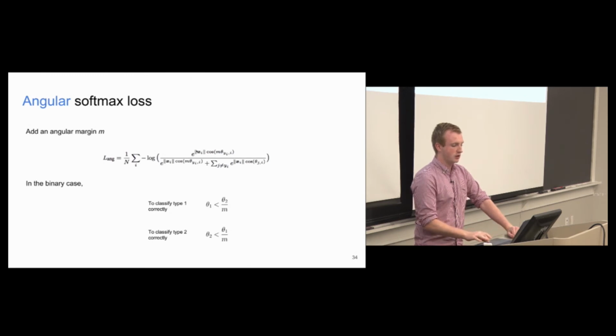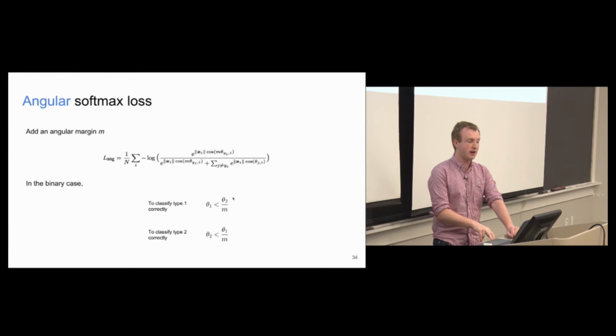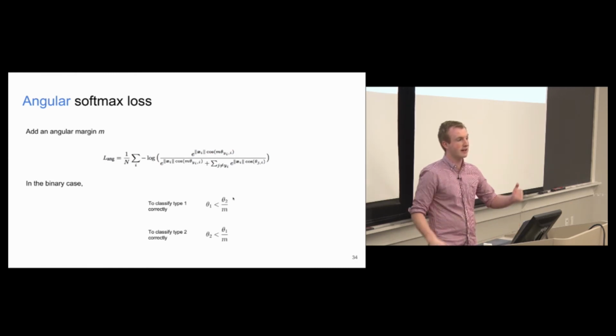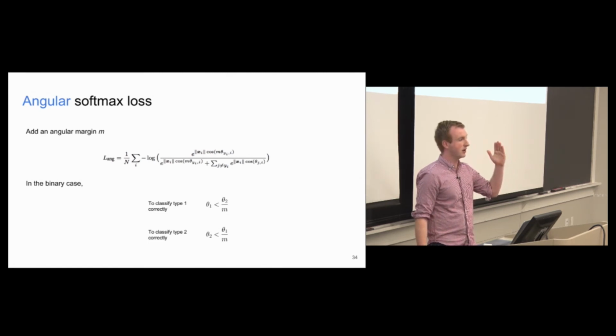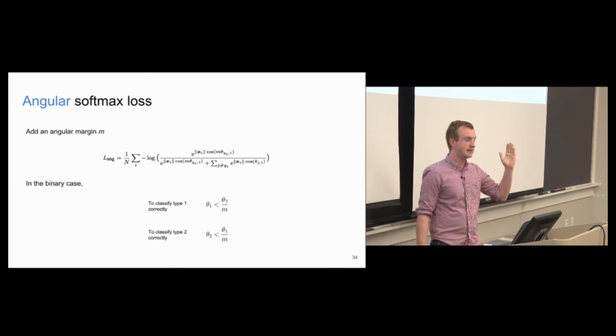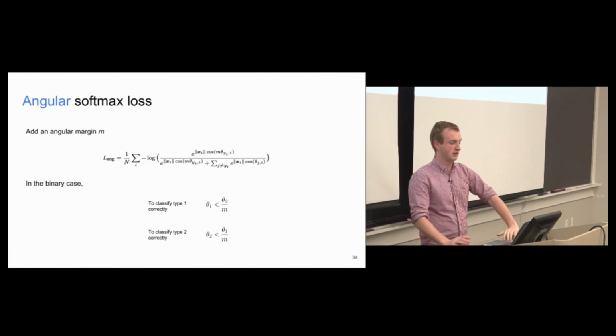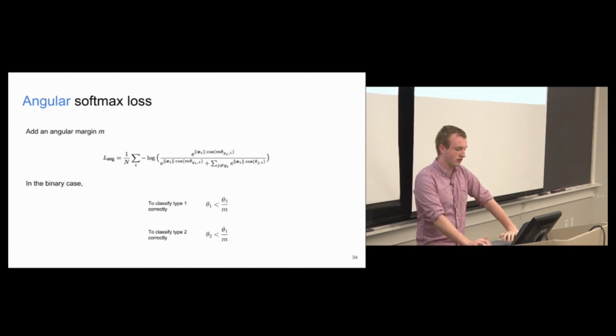So cosine m is the equivalent of saying theta 2 divided by m. To correctly classify type 1, say 1 is the correct label, theta 1 needs to be less than theta 2 over m in order to be correctly classified. And the reverse is true for the other class.